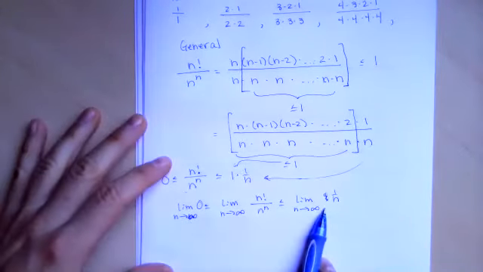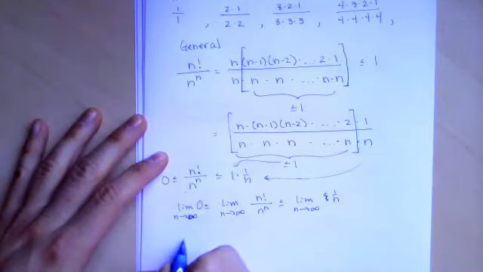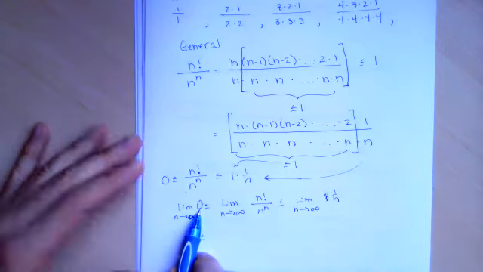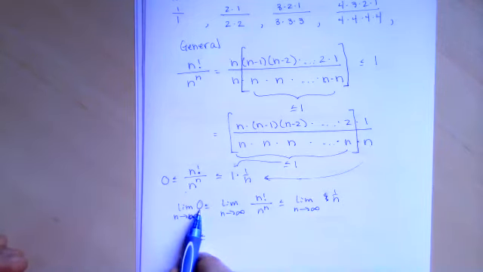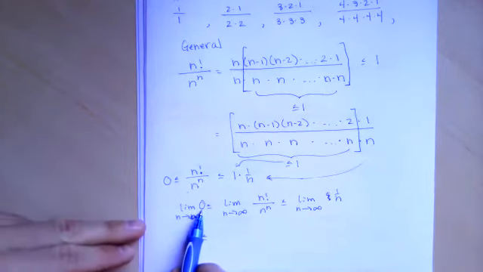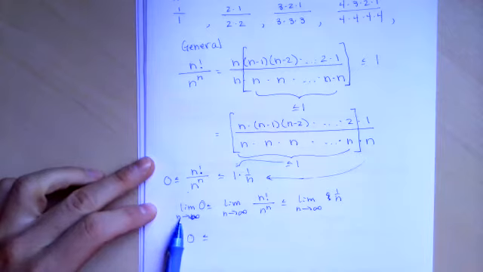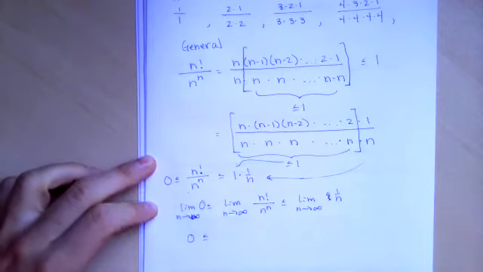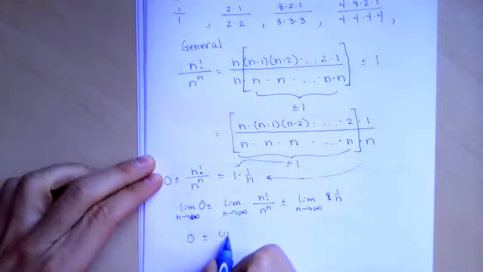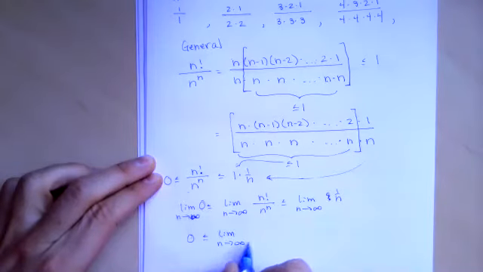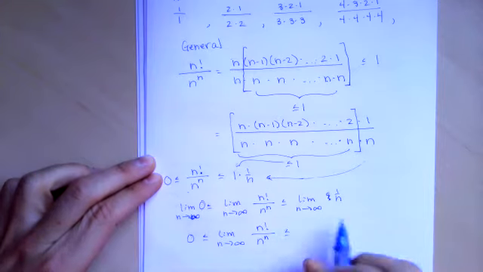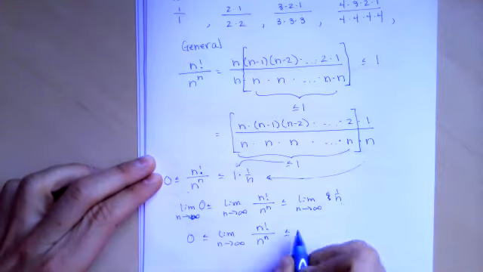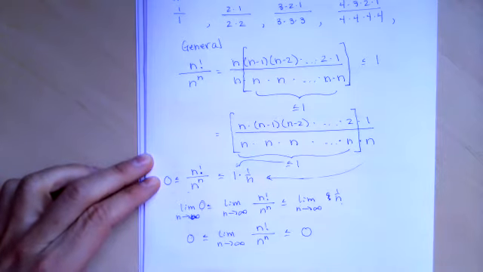And now when I compute the limits, what do I get with this piece? I'll get 0 here. This is just a constant function. Think of this as a horizontal function, like y equals 3 or something like that. In this case, y equals 0. Instead, it's a sequence of 0, 0, 0, 0, 0. And this middle limit was the limit we wanted to compute. And now this last limit is going to go to 1 over infinity, which is also 0.